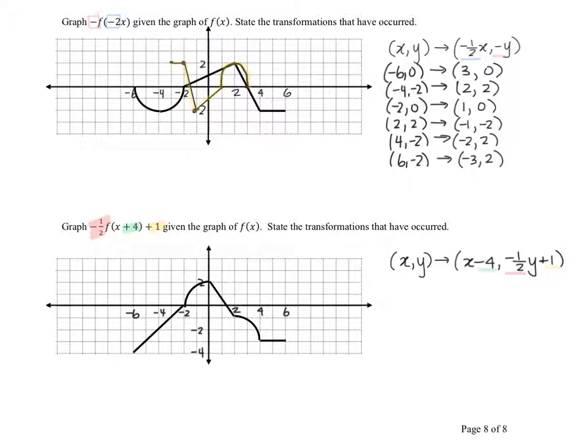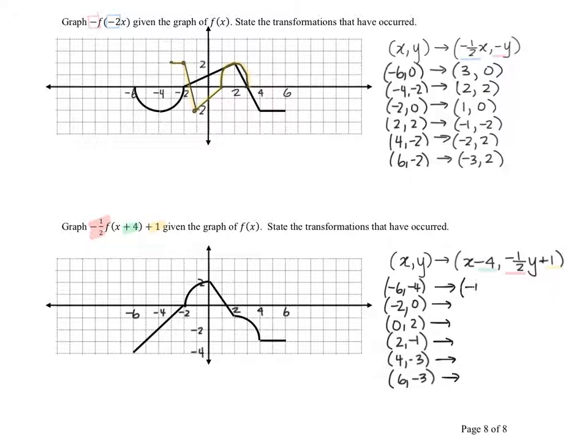So our base graph points are going to be (-6, -4), (-2, 0), (0, 2), (2, -1), (4, -3), (6, -3). Okay. Now let's transform these points according to our mapping notation formula.